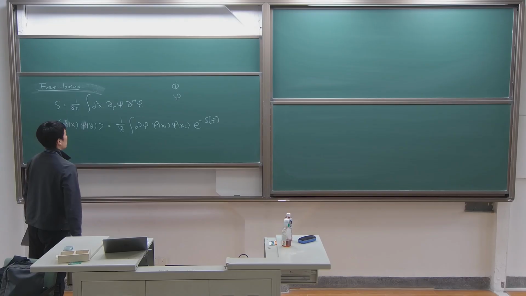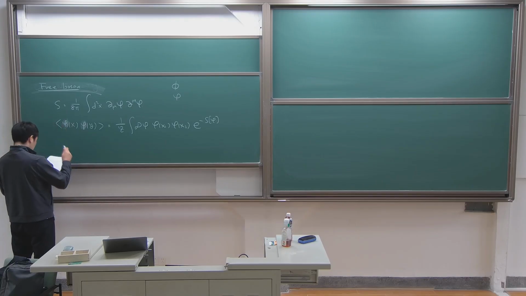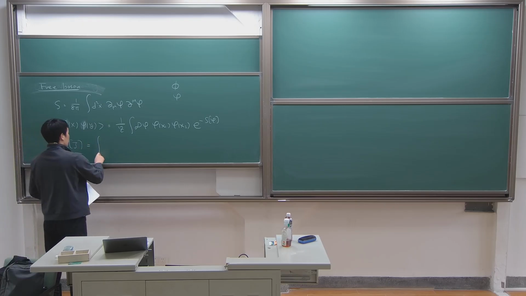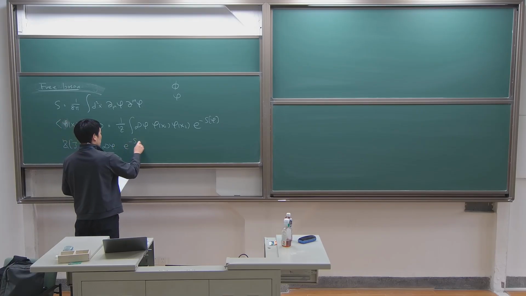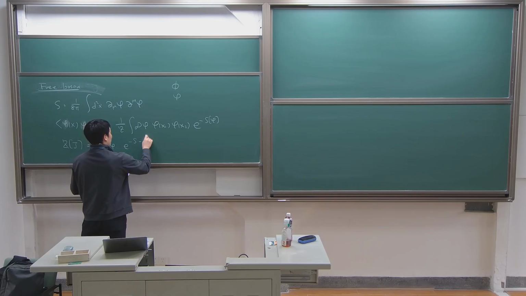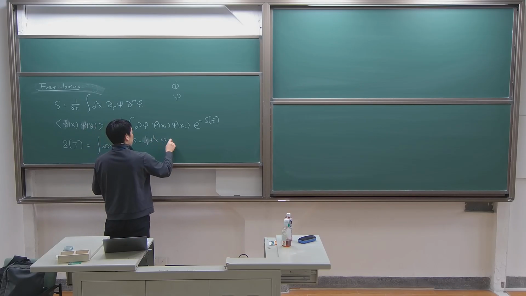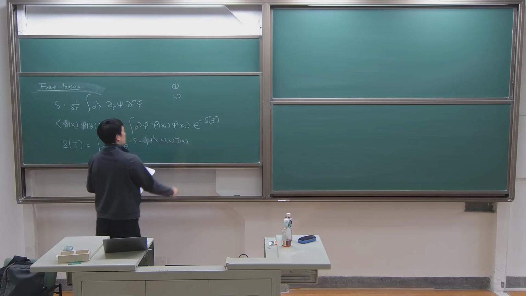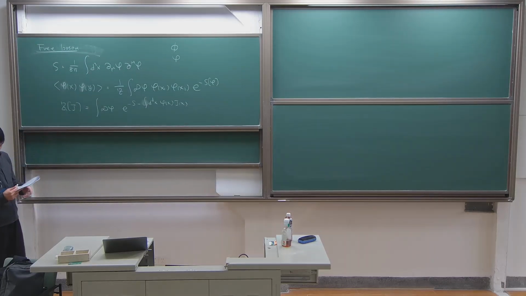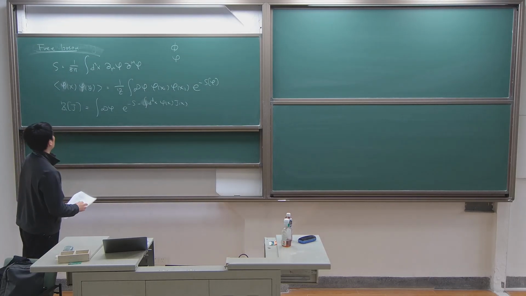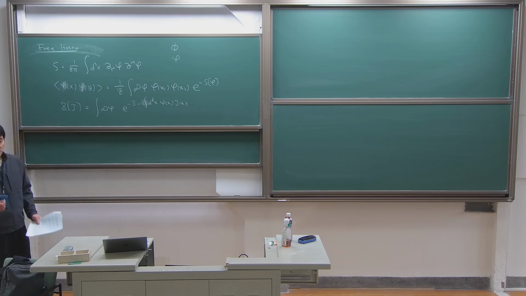So this is the two-point function, and to derive this one, I include the current, e to the minus integral j phi. This can actually be done for any dimension. So I introduce such a particle with current.